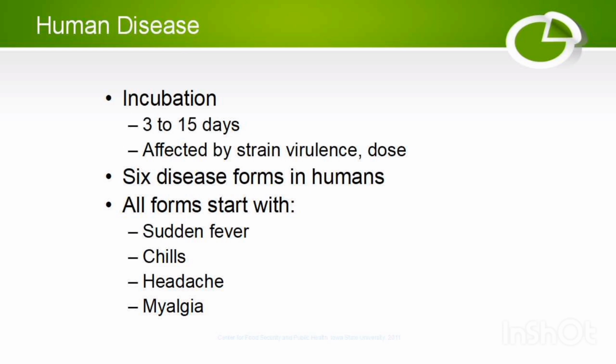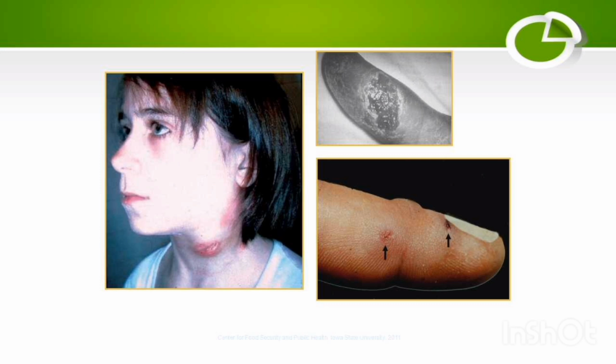There are 6 clinical syndromes or manifestations of tularemia based on the route of exposure to the agent. All forms initially present with the flu-like symptoms, including fever, chills, headache, and myalgia. In these pictures, you can see the ulcers and ulceroglandular lesions of tularemia.